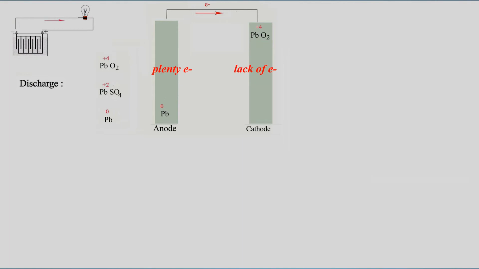So electrons flow. And when they flow, until they reach PbSO4, now they are both plus 2 in oxidation state. Once they reach that, it stops. So the battery is run flat. No more power.